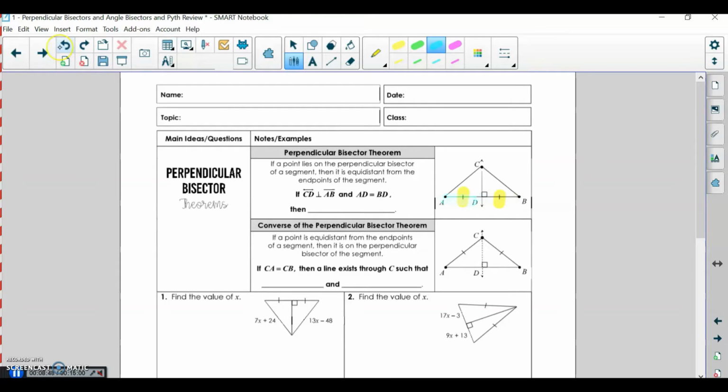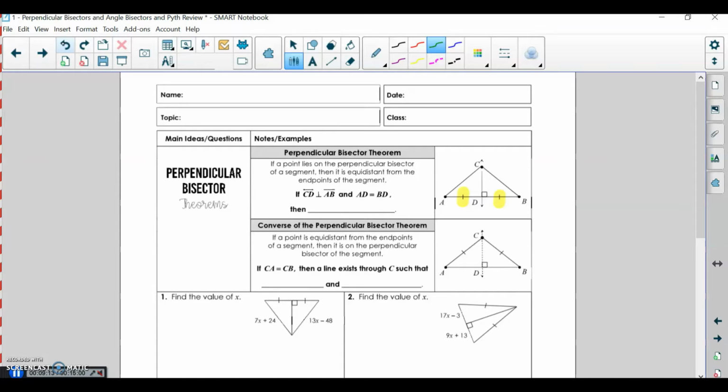Perpendicular bisector theorem: if a point lies on the perpendicular bisector of the segment, hit a point. So we just take a random point. Here's the perpendicular bisector. It's that ray that's coming down through the middle. And if a point, what's a point look like? Just a dot.